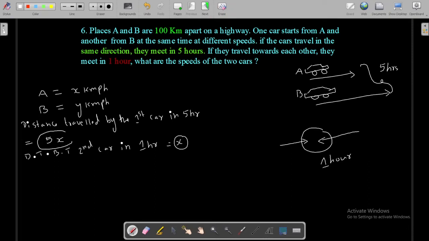So here I am getting 5x if it is traveling in 5 hours. If it is traveling in 1 hour, I am getting x. So this is for the first car.